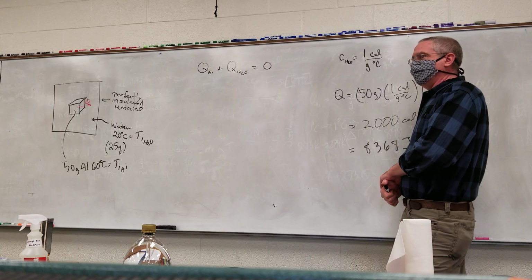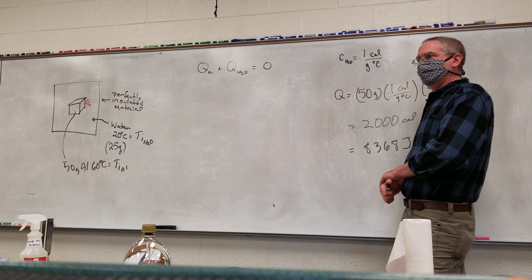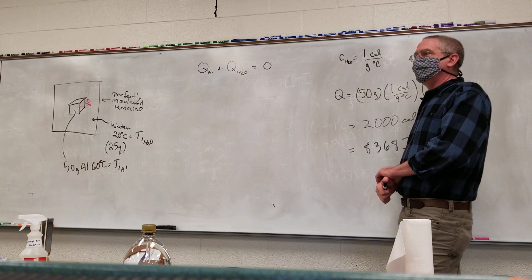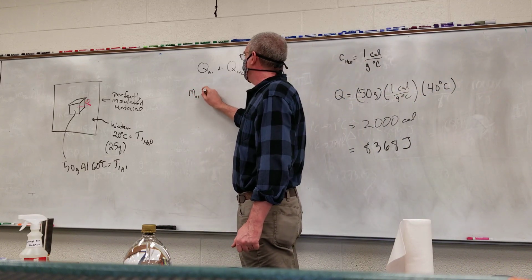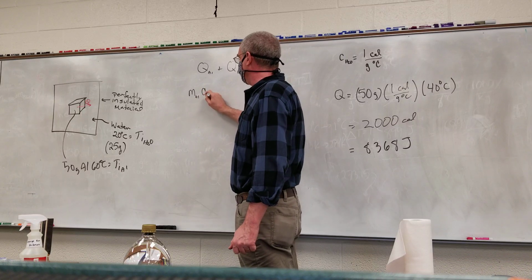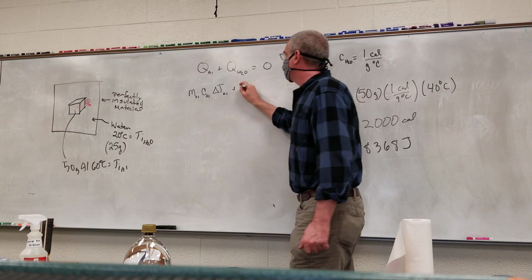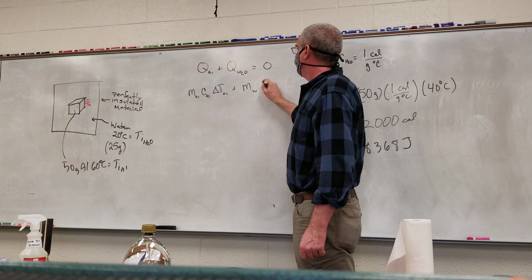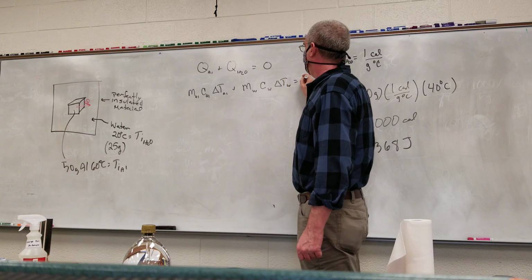And what is the formula for Q when we're talking about changing temperatures? What does Q equal? Yep. So this is the mass of the aluminum times the specific heat of the aluminum times the change in temperature of the aluminum, plus mass of the water, I'll just put W for now, times specific heat of the water times change in temperature of the water, is equal to 0.